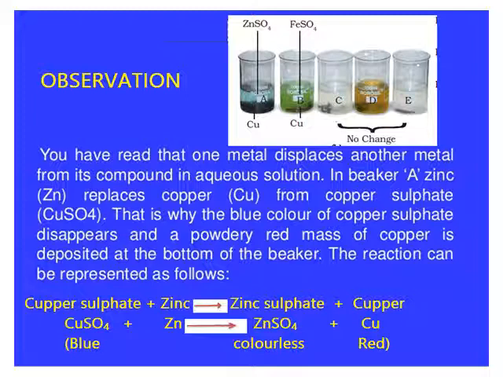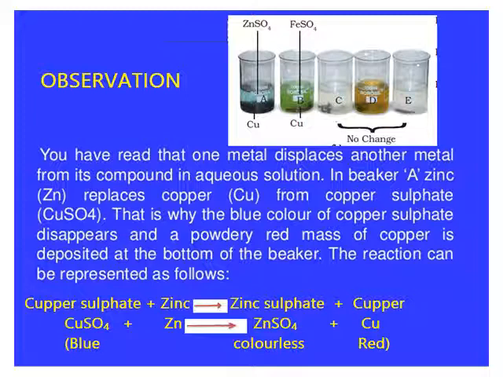In what way is the reaction taking place? See the reaction given at the bottom of the slide. Copper sulfate plus zinc gives zinc sulfate plus copper. So copper is displaced from copper sulfate, and that's why we call it a displacement reaction.